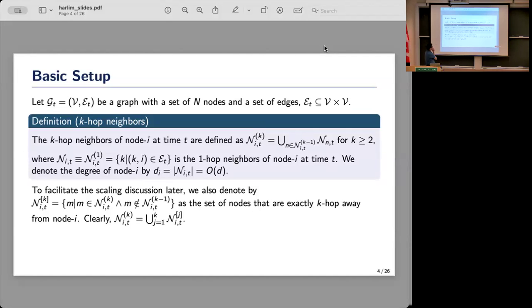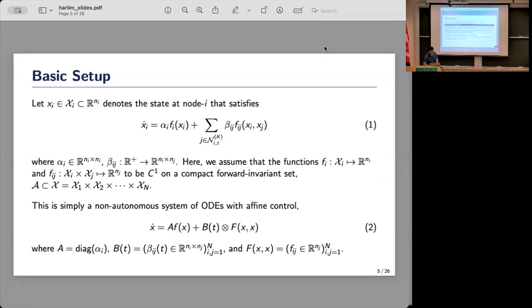This is sort of a bit complicated notation, but they call it the set of neighbors, the collection of all of the nearest neighbors. And later on, if necessary, we're gonna use this notation where we have a square bracket to denote exactly the K-hop neighbors, but not the K-1 or K-2 and so on, okay? But those are just layman terms.